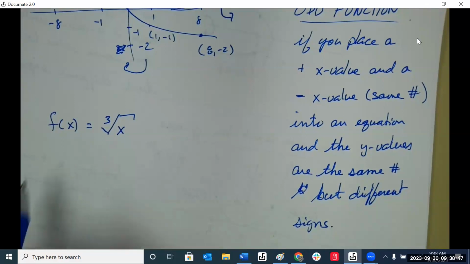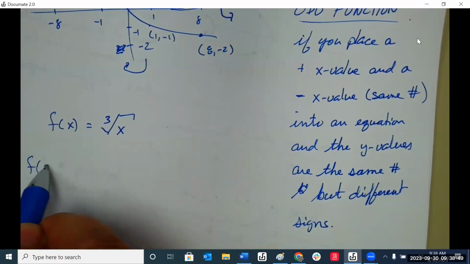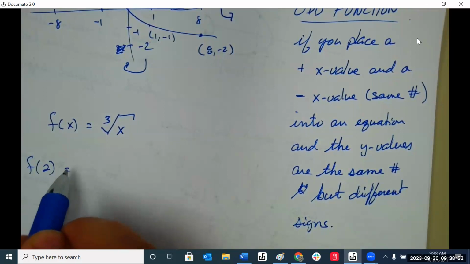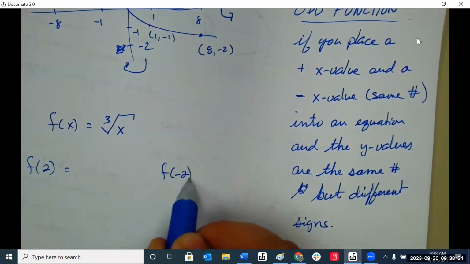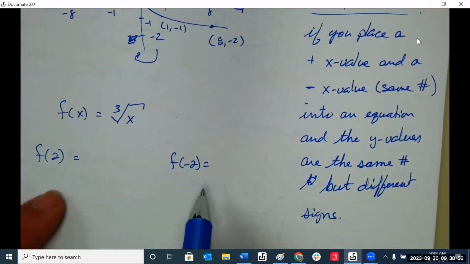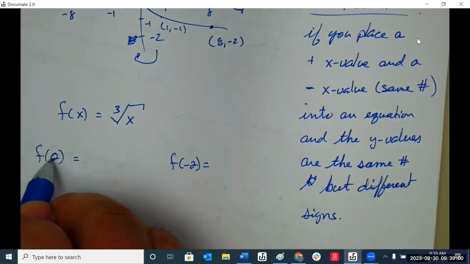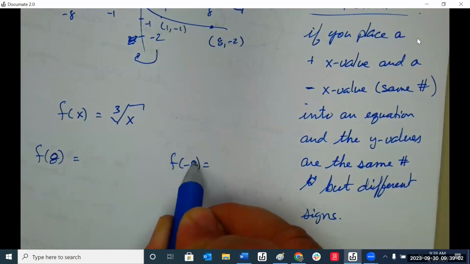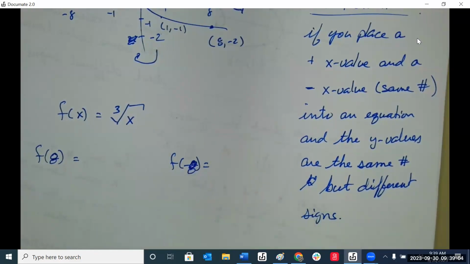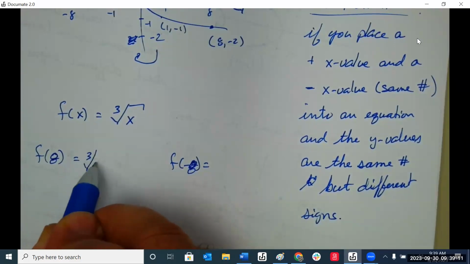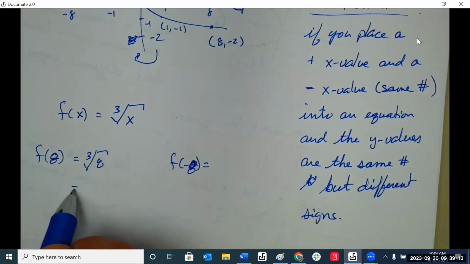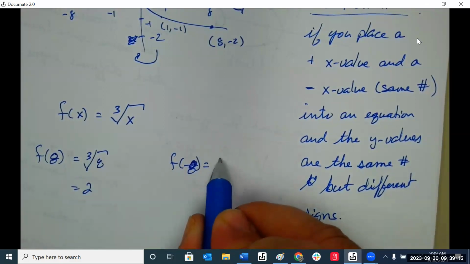So here's an example. If I plugged in 2 here or -2, it's the same number, but different signs. Not 2, I'm putting 8. I'm sorry, 8, make it 8. So the cube root of 8 is +2.